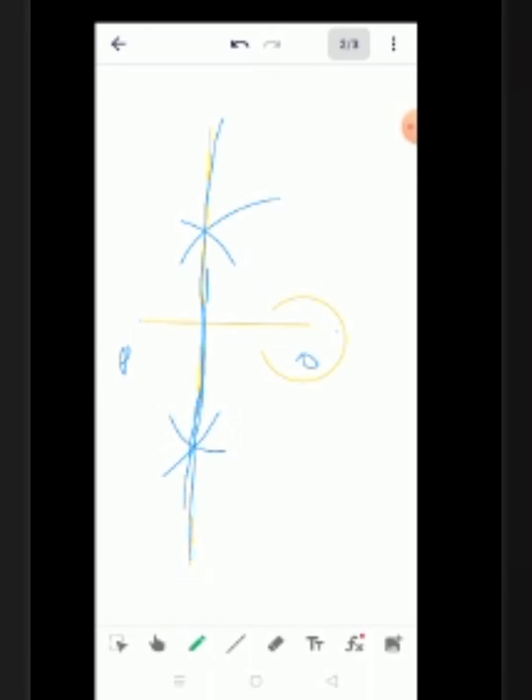Now name this point as M. Then you measure the distance from P to M, and then with your compass, with that radius you draw a circle from M like this. You draw a circle from M.